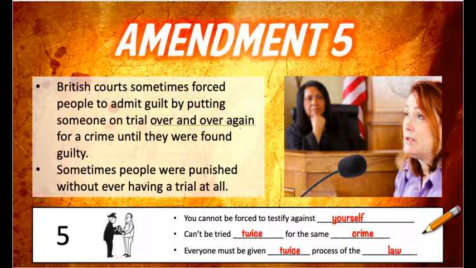And the jury finds him not guilty. And you don't like that idea, so you put him on trial again. The jury finds him not guilty, so you put him on trial again, and finally the jury says, okay, you're guilty. You can't do that. You cannot be tried twice for the same crime. Okay, it's called due process of the law that you're given.